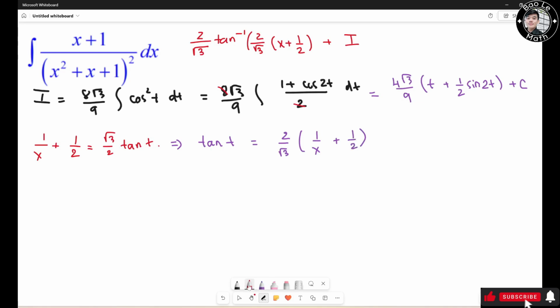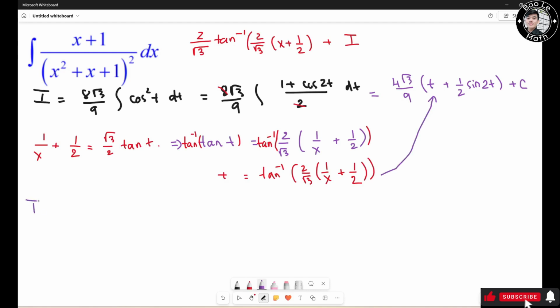Now we need to take tangent inverse of both sides, so it turns out to be t equal to tangent inverse of 2 over root 3 times 1 over s plus 1/2. Now we substitute this for t back over here.